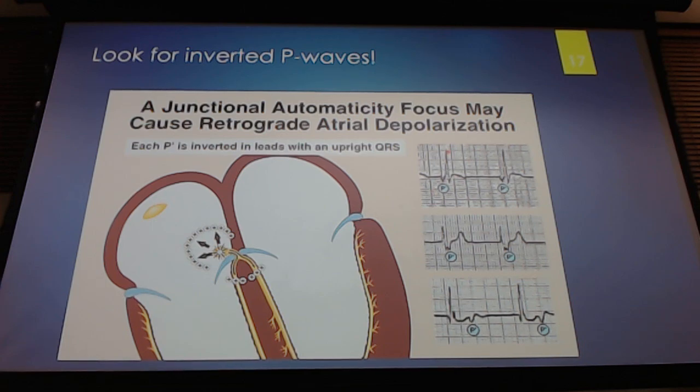So in this top one, we have a retrograde P wave here, and then we get our QRST, and over here we've got a retrograde P here, QRST. This next one, we have a P wave that's actually kind of pushed into our QRS complex. It looks like our QRS complex has a little wave at the end of it. And then, again, this is much more uncommon, we can have P waves that occur after the QRS complex. So we had a depolarization that occurred at the AV area.